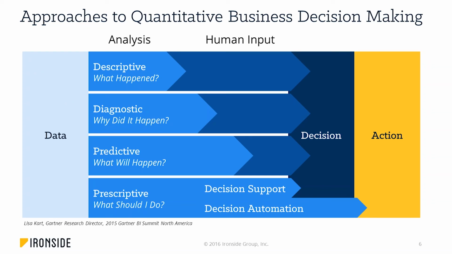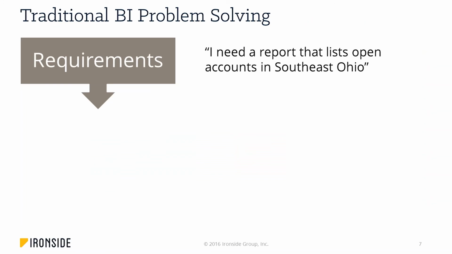Okay. All right. So now let's think about that traditional BI mode 1 and how we typically approach problem solving in that way. So often it starts with requirements, right? A user comes to you and says, well, I need a report that lists open accounts in Southeast Ohio.